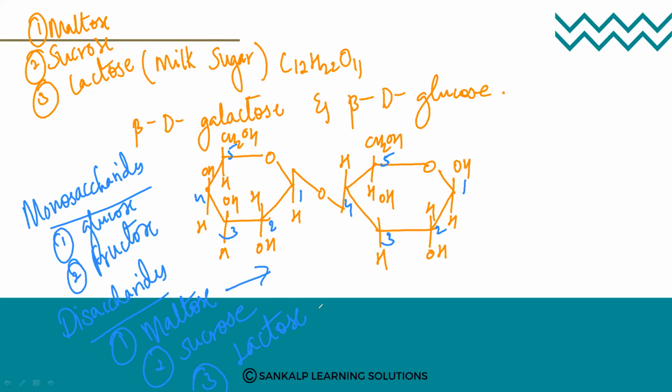The third one is lactose, which consists of beta D galactose and beta D glucose, with a C1 and C4 glycosidic linkage.